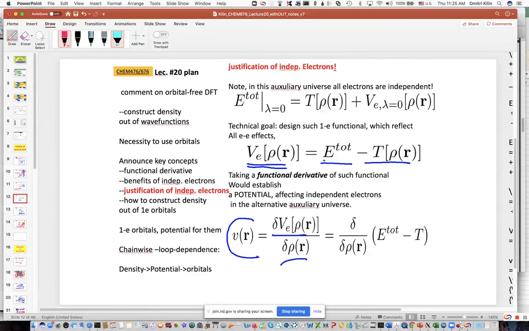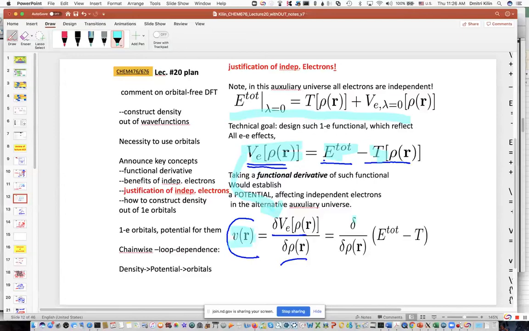Okay, I'm continuing the review of what we did last time. If we are inside our auxiliary world, then the external potential can be expressed as the subtraction of total energy minus kinetic energy. Then we can plug this expression into the functional derivative of this external potential over density, which will bring the one electron potential.